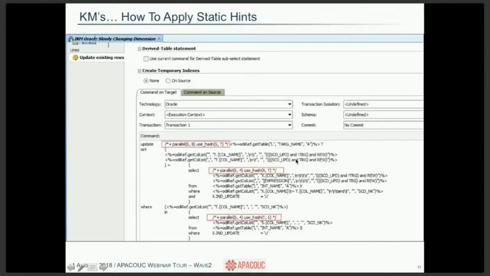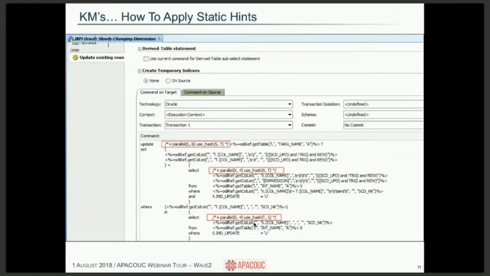These are static, you write code within the knowledge module, where S, X, and T are always the same, which are the aliases of the tables. And unfortunately, this always goes with parallel 8, parallel 4, and parallel 4. No change, but it works. It always works everywhere.